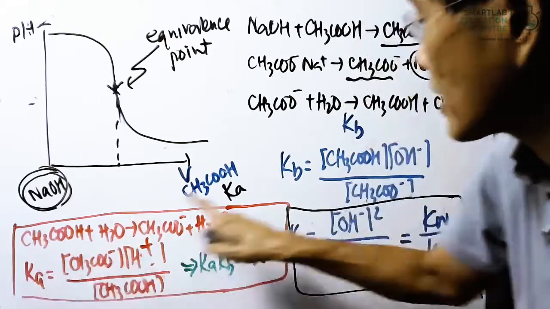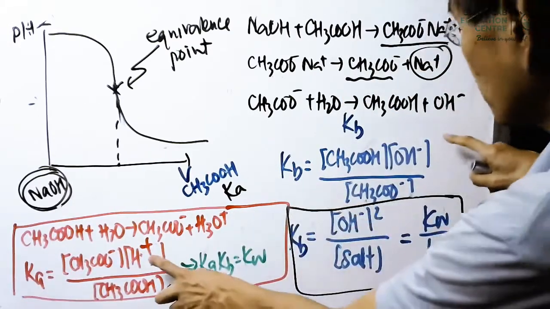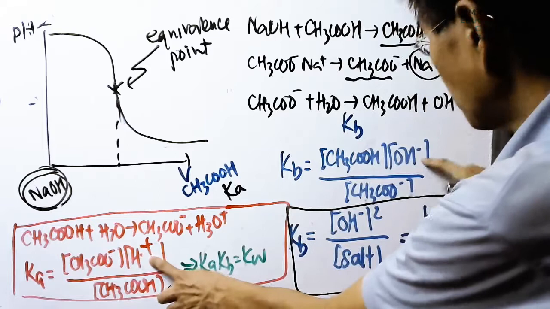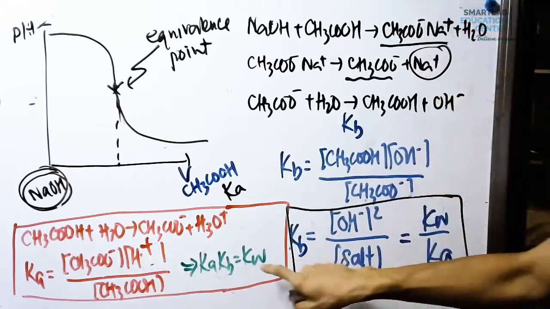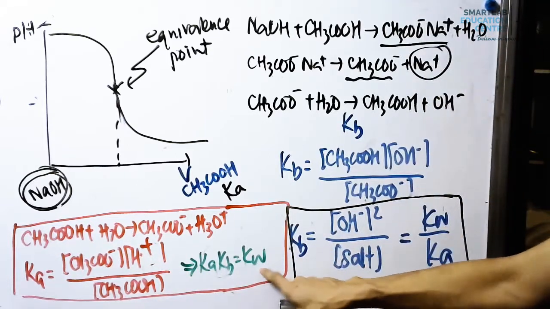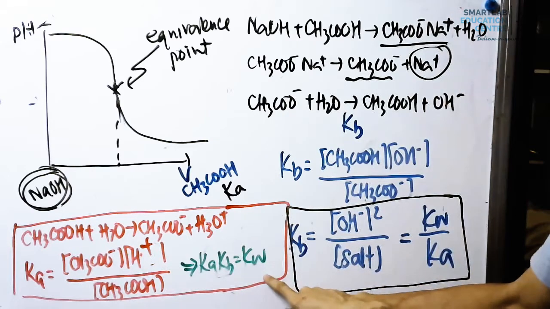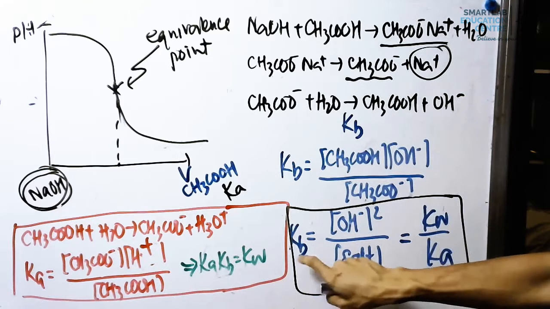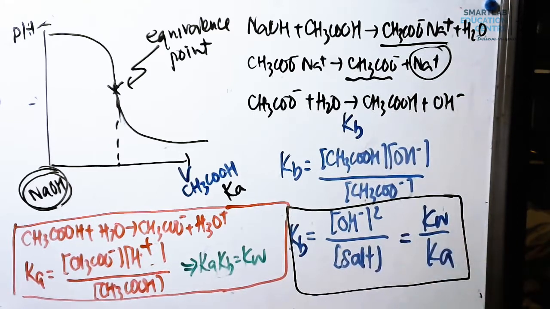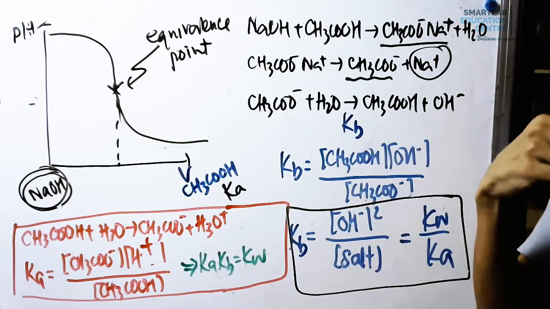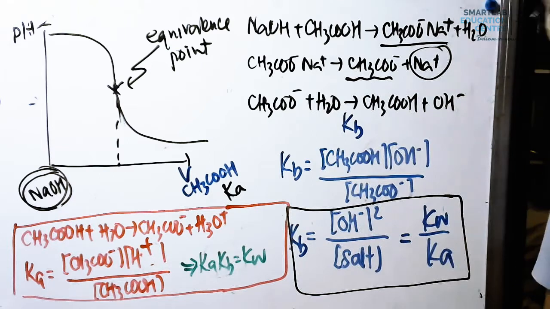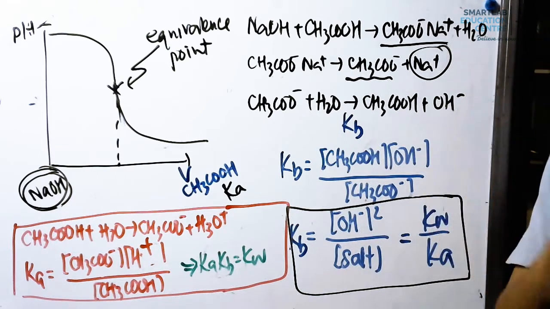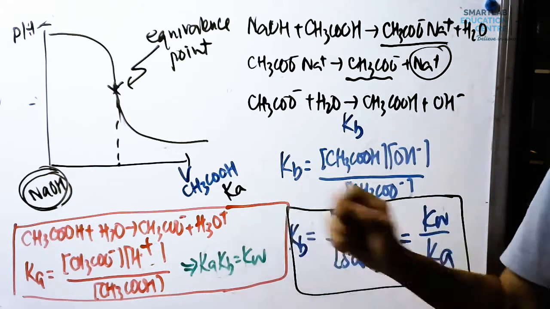So by multiplying Ka and Kb together, you will only be left with [H+] multiplied by [OH-], which is equal to your Kw. From this expression, we can manipulate it and make Kb equal to Kw over Ka. So in a nutshell, this is the formula that you use to calculate the pH of an alkaline salt solution, where the salt is produced from a weak acid.